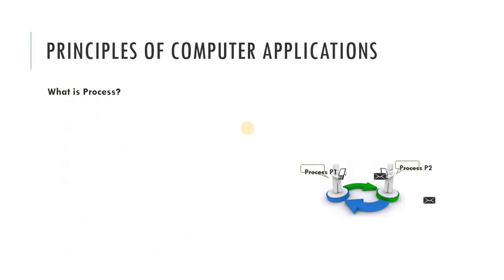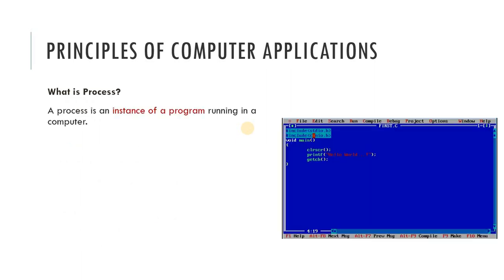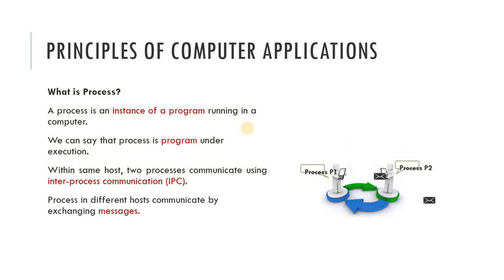Next we have seen the process. We already know that a process is an instance of a program, or a program under execution. If processes are communicating within the same host, they can communicate via IPC, and if they communicate across different hosts, it is done by exchanging messages.